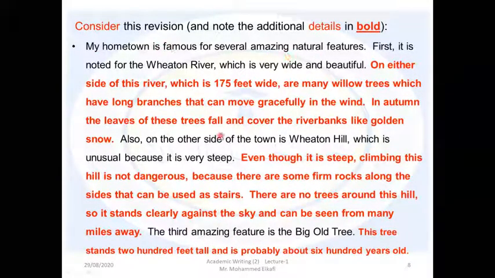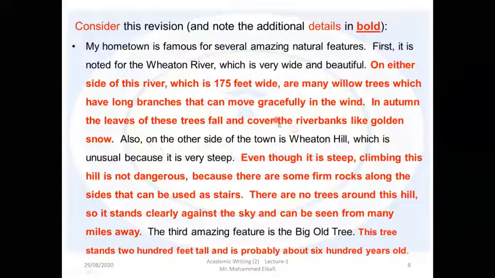for the hometown. So here, as you see, we have many sentences. Each group explains one of the supporting ideas mentioned in the supporting sentence. And here we have many detailed sentences. So now the supporting details became supporting detailed sentences.